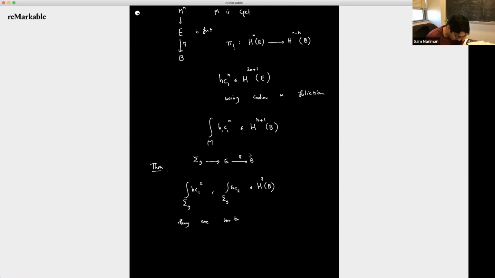They are non-trivial for the universal example.